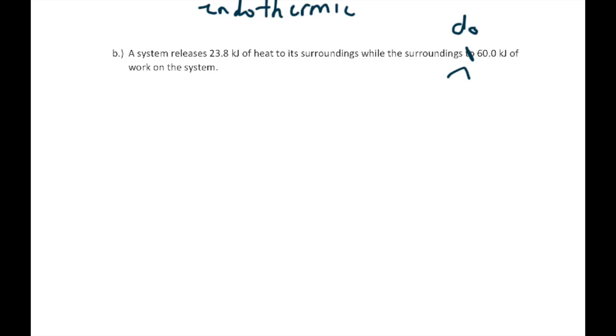Again, our basic formula is delta E equals Q plus W. So what's the Q in this case? A system releases heat. That tells us the sign. You have to read these questions carefully because they will tell you a variety of ways whether heat is released or added. So a system releases 23.8 kilojoules, so Q must be negative.